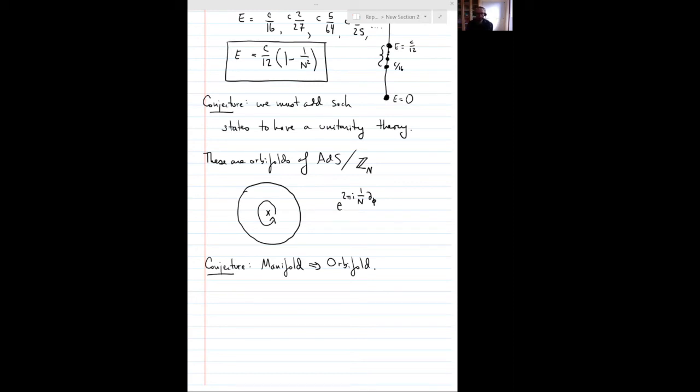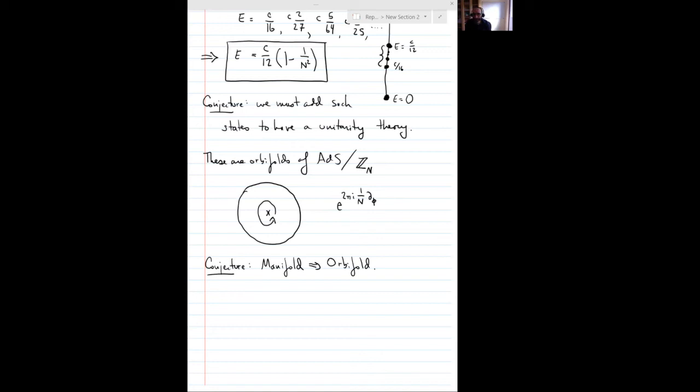The first objection anyone would make to a proposal like this is that I am adding an infinite number of states to my theory, because I'm adding states with energy c/12 times 1 minus 1 over n squared for any integer n.